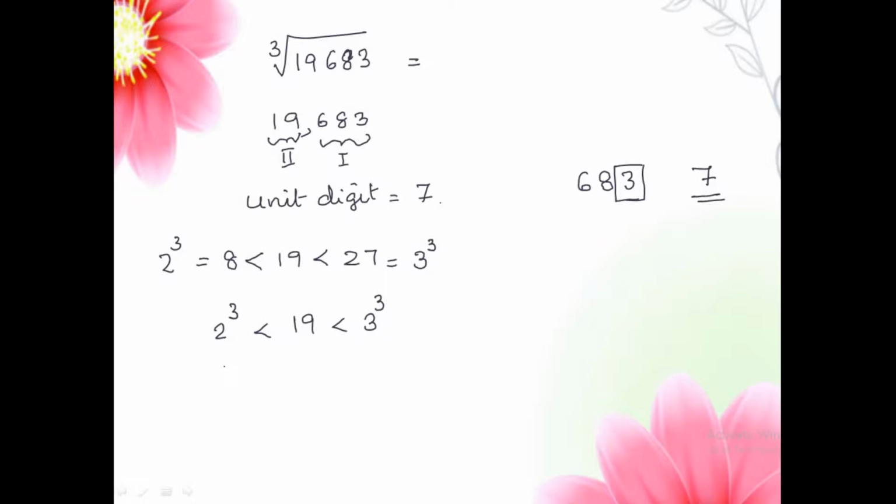So we consider the numbers 2 and 3. Which is the smallest one? 2 is the smallest number. So the tens digit of the cube root is 2. So we got the unit digit as 7 and the tens digit as 2. So the cube root of the number 19,683 is 27.